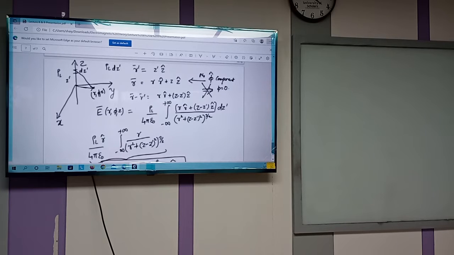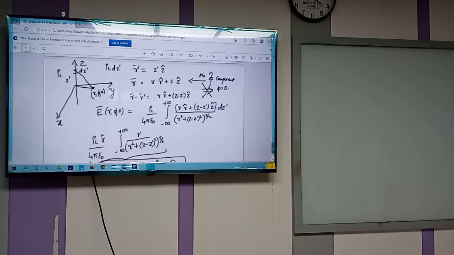I am going to take this constant outside. So you know the electric field equation that we have used before. The constant part I am taking outside and integrating the rest of it from minus infinity to infinity.